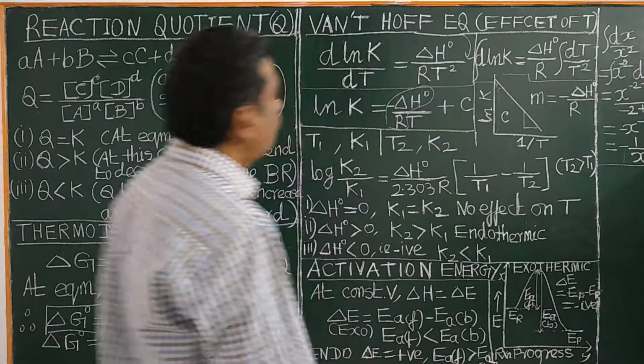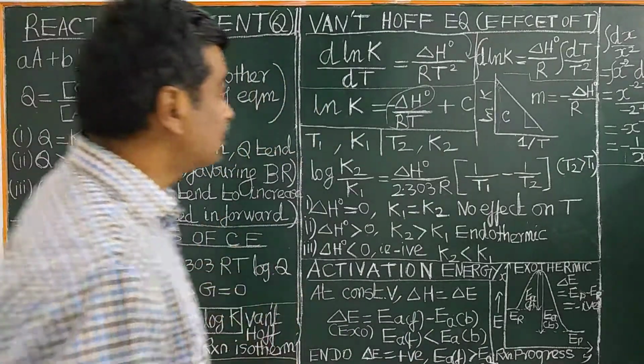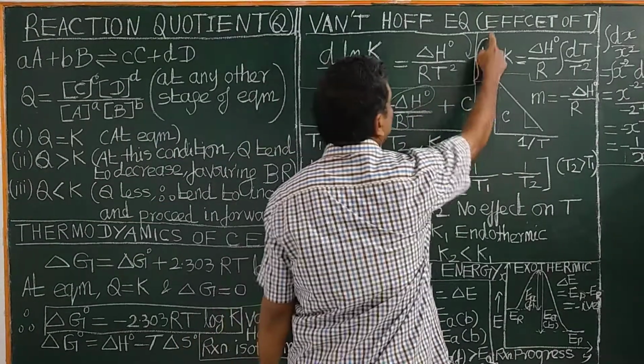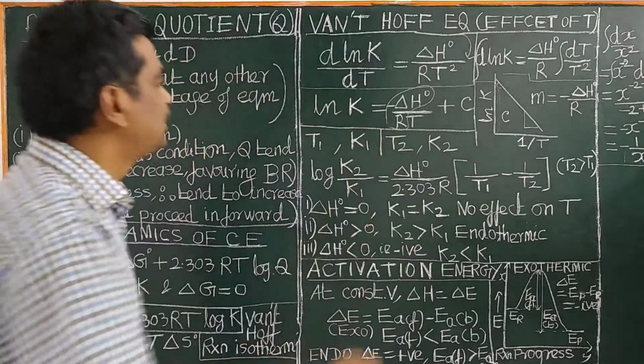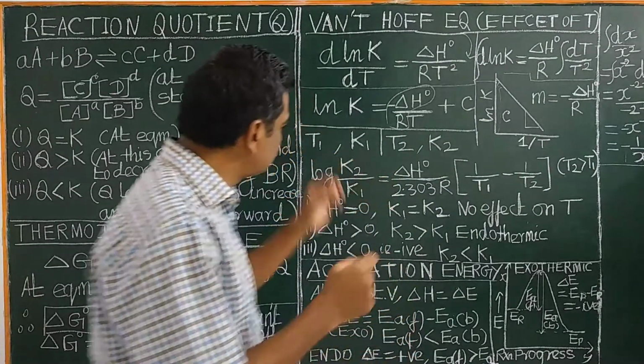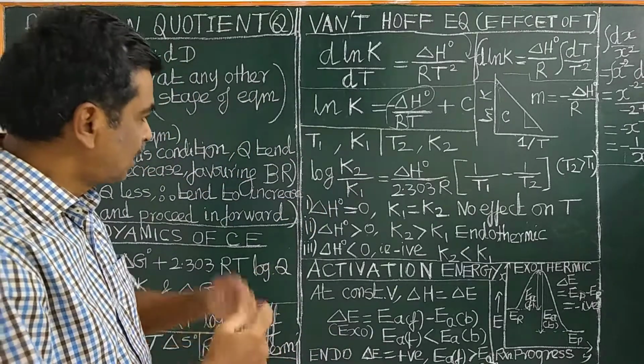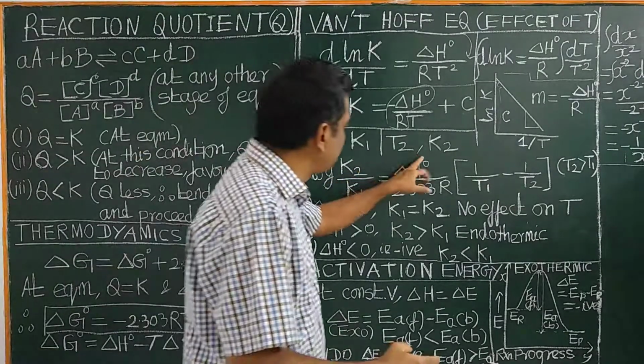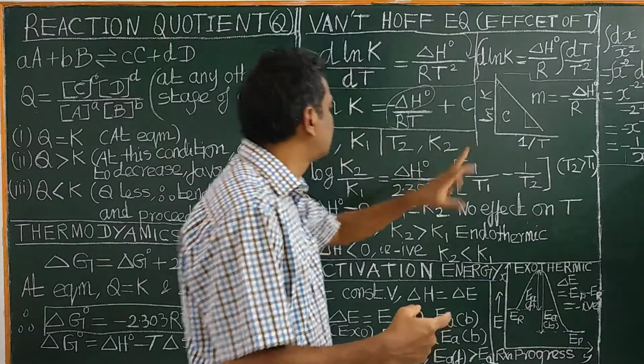Okay. Now let us integrate between two different temperatures. At temperature T1 the equilibrium constant is K1, and you raise the temperature to T2, where it is measured as K2.